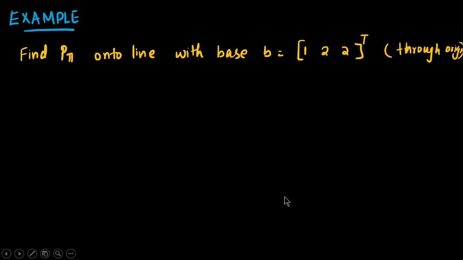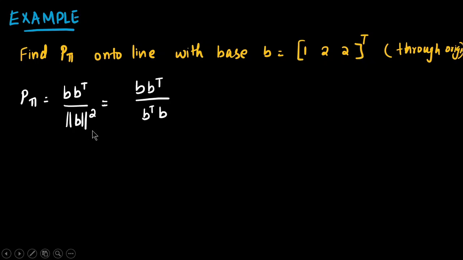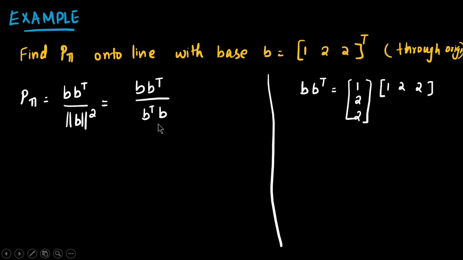Then we can take an example. Find P pi onto the line through the origin with the basis b equal to [1 2 2] transpose. The projection matrix is b b transpose divided by b square, or b b transpose divided by b transpose b, so we take the inner product, the dot product here.